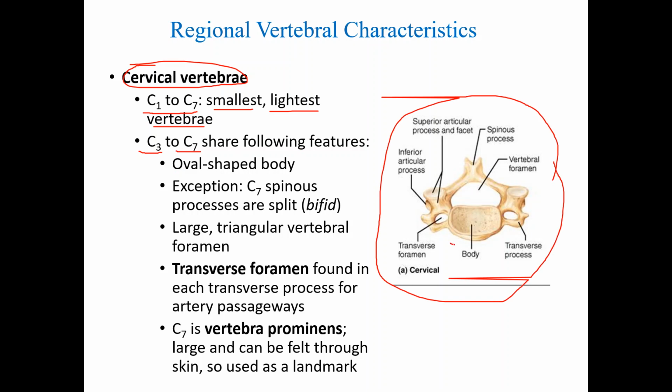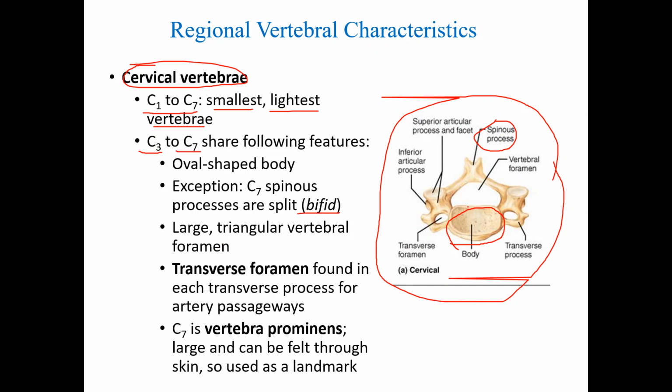They have an oval-shaped body, and there is an exception, C7. In C7, the spinous process is split, okay, and we call it bifid.